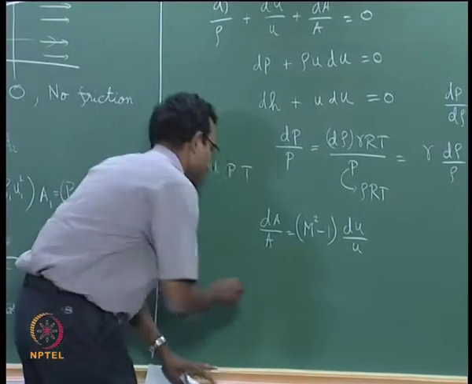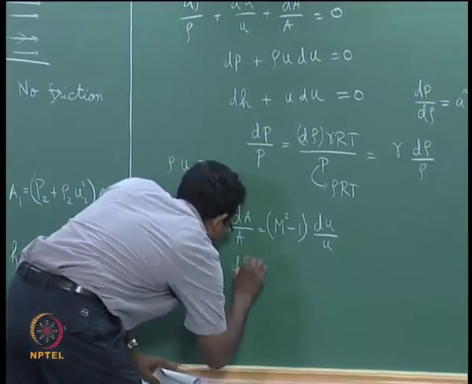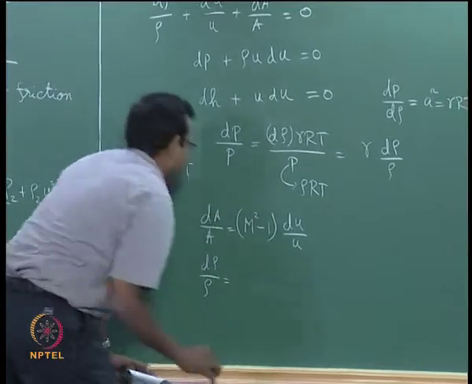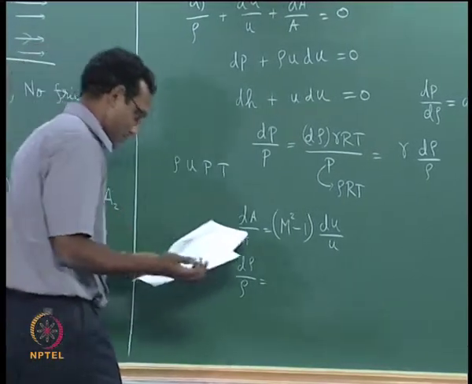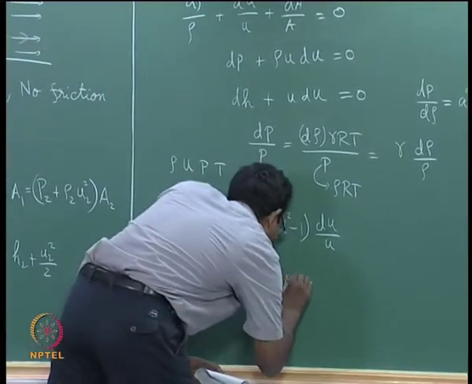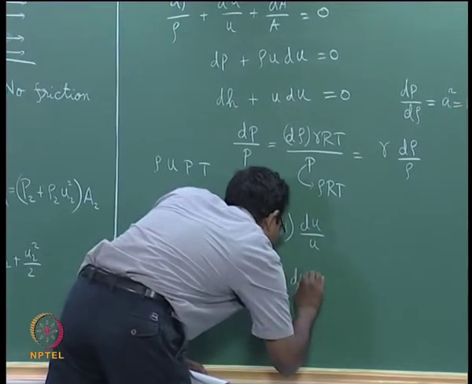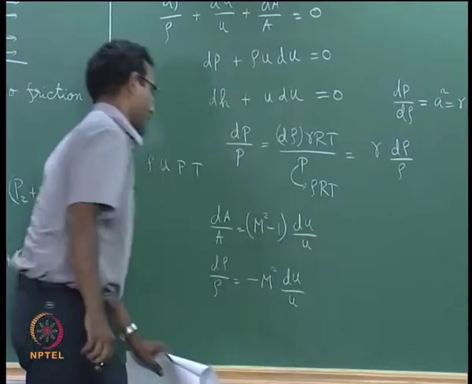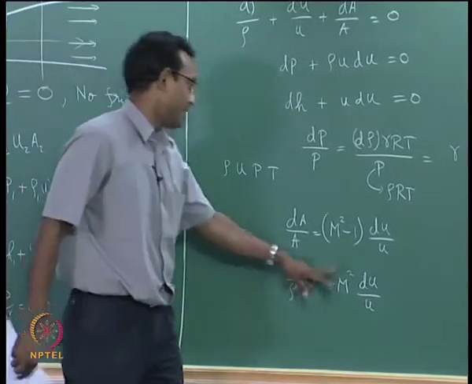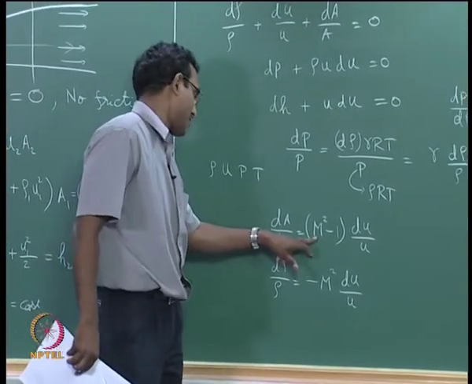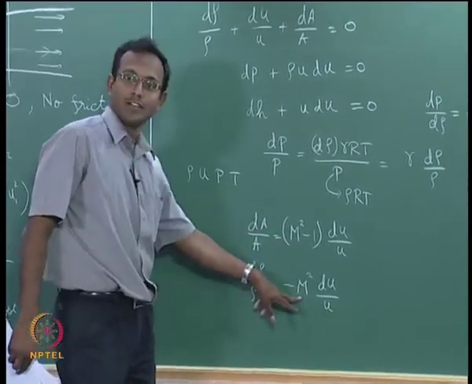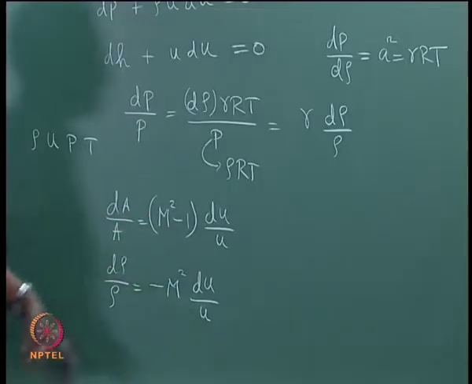Okay. Now of course, you cannot get this without d rho by rho actually. I should have given probably d rho by rho first. This M square in this dA by A expression comes actually from d rho by rho in here. That is how you got to that point.